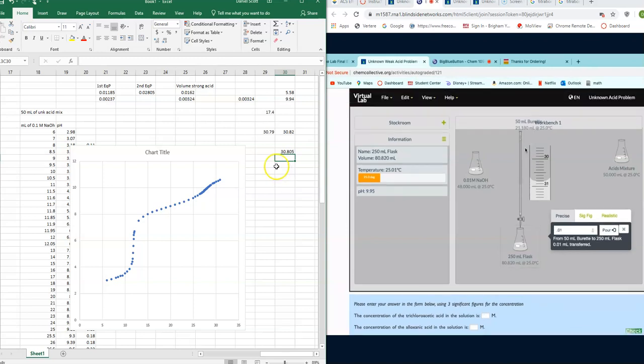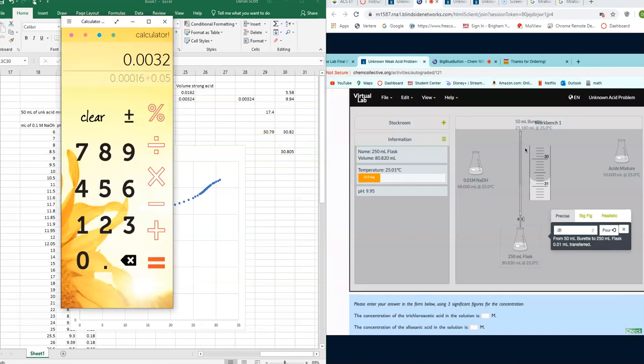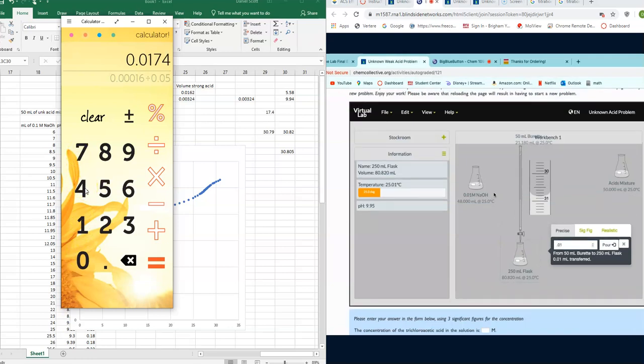Okie dokie. So, calculation time. You have to use the converting calculation on this type of problem.